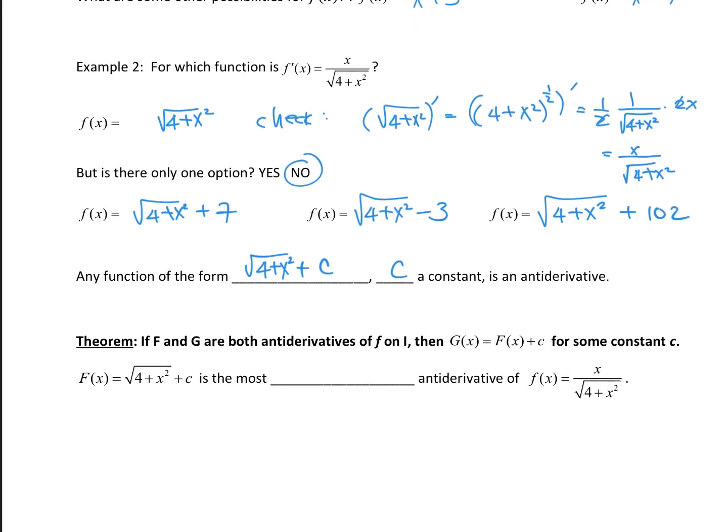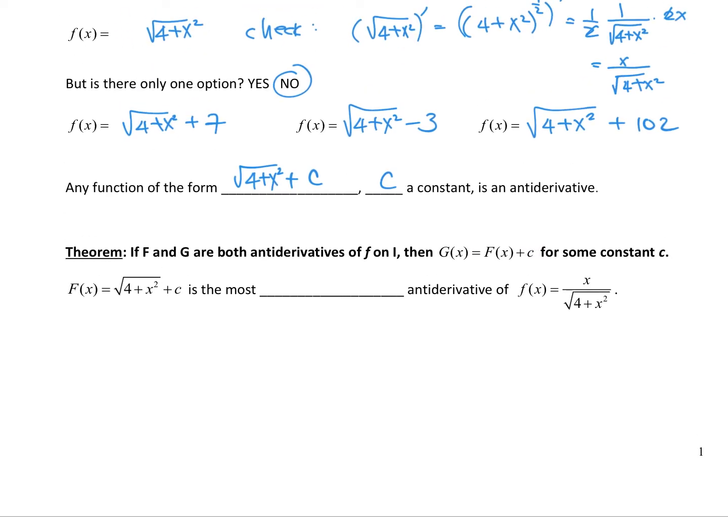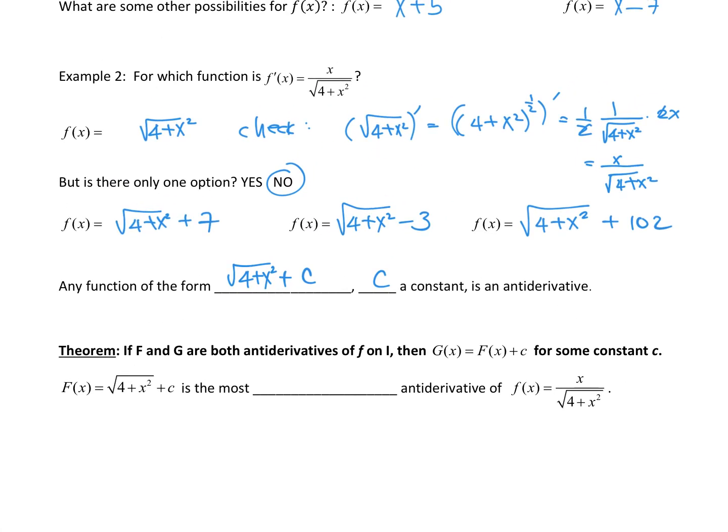All right, so let's look at the next theorem here. If F and G are both antiderivatives of f, then they differ by some constant C. So for example, here, this is an antiderivative, this is an antiderivative, and this is an antiderivative of this function.